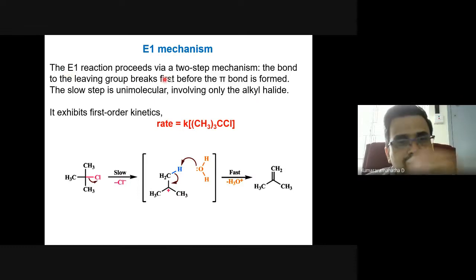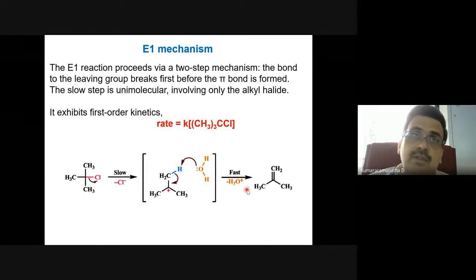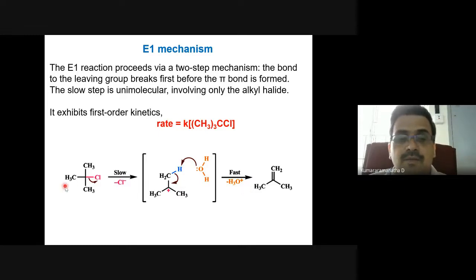For the E1 reaction, it follows a two-step mechanism where first you get the carbocation, same like SN1. Now the base, the neutral nucleophile you had, will be attacking this to form a hydronium ion, because you want to remove this hydrogen also, as it's an elimination reaction, and then you end up getting an unsaturated carbon from a saturated one.